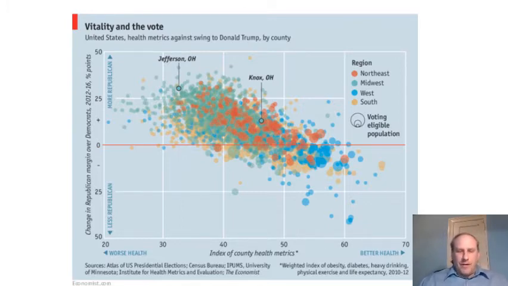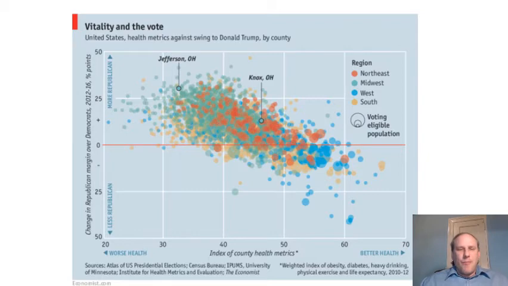The bottom part is what's called an index of county health metrics. This is a pre-existing index that shows how healthy people are, the degree of diabetes, other illnesses, other degrees of wellness and non-wellness. They also have by color whether the county was in the Northeast, the Midwest, the West, or the South.